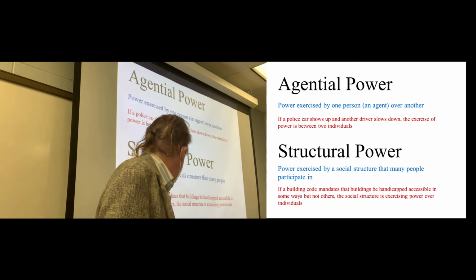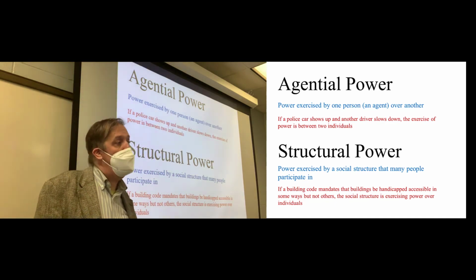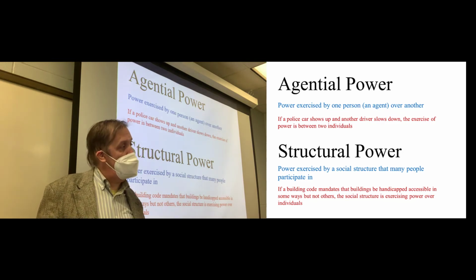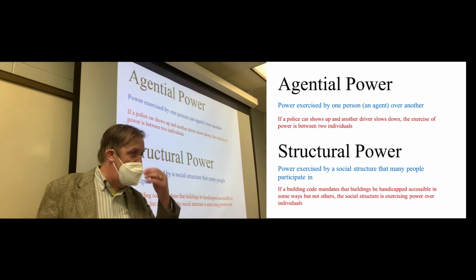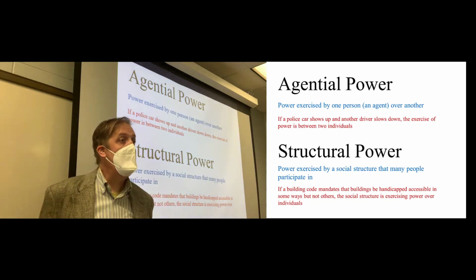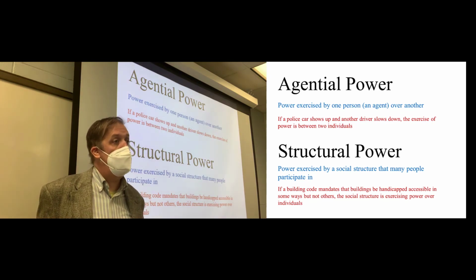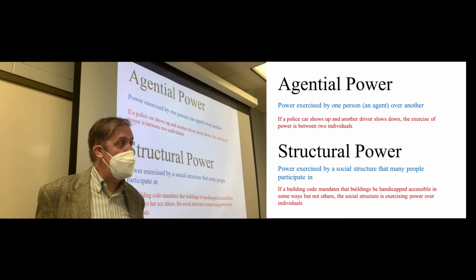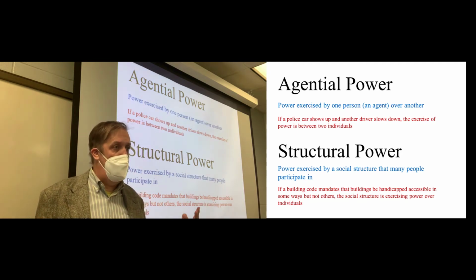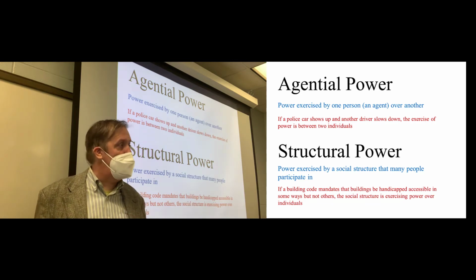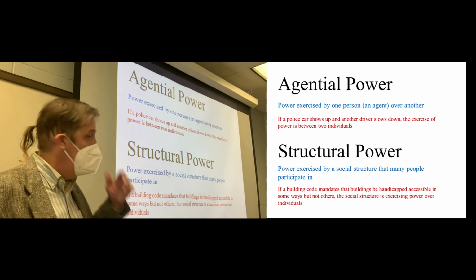Building codes. Building codes will mandate that buildings have to be handicapped accessible in some ways, but not others, right? Wheelchair accessibility tends to be emphasized, for instance. This is the result of a social structure, the building code, which is huge and elaborate and brings in an entire industry and an entire branch of government, right? Many people participate in it.